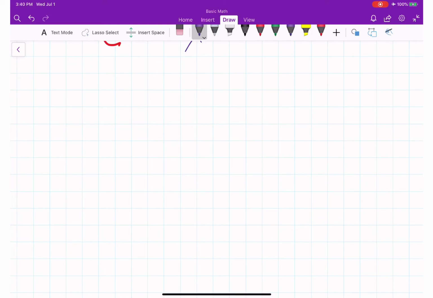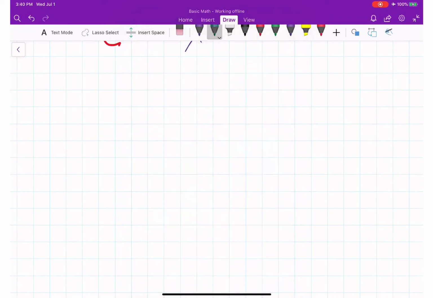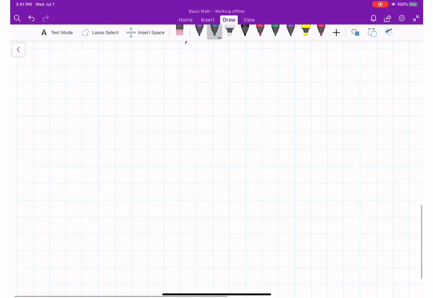Addition, that's my favorite. Addition of fractions. The students like fractions. Let's do it. So, let's say fractions with 1 in the numerator.